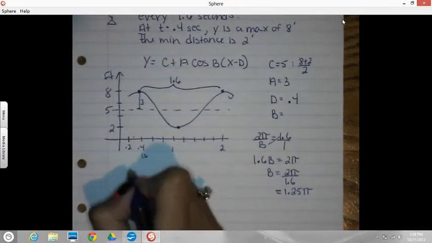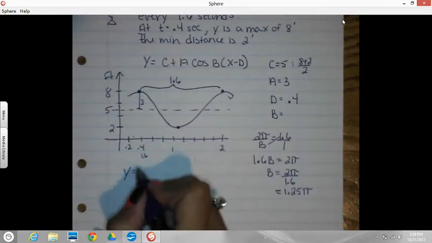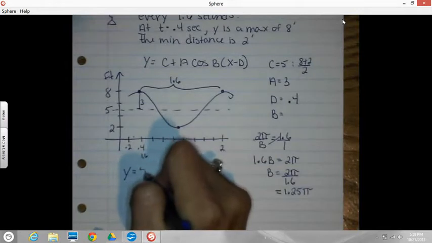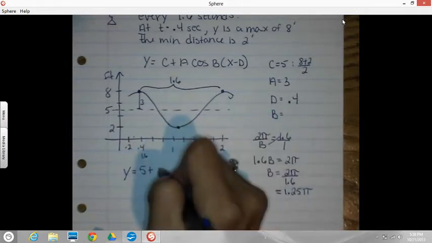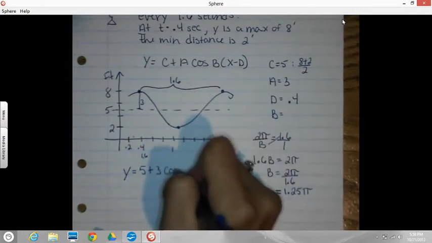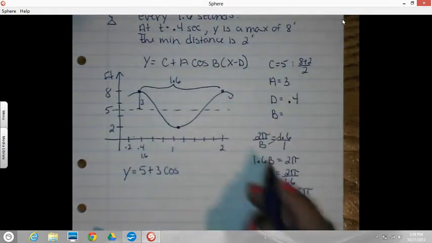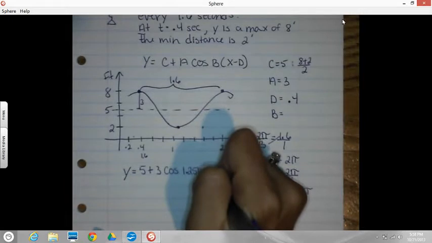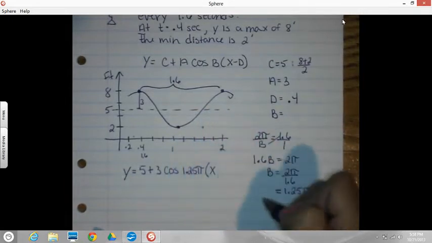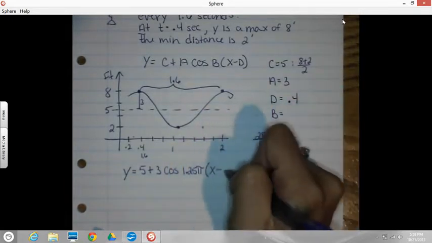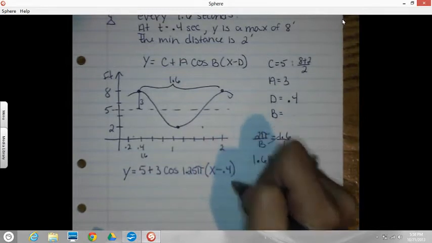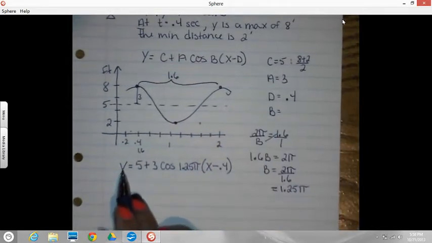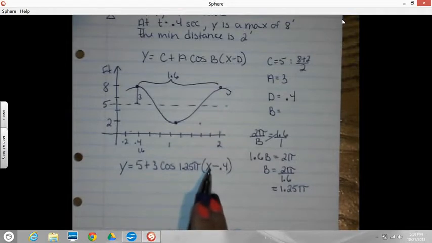So it's y equals, C came out 5, amplitude is 3, cosine, B we calculated to be 1.25 pi, phase shift is x minus 0.4 because it went to the right. Remember, y is distance from the ceiling in feet, x is the time in seconds.